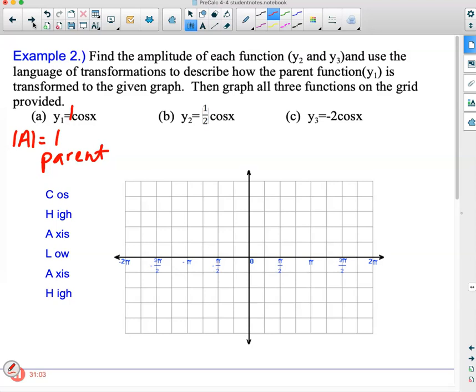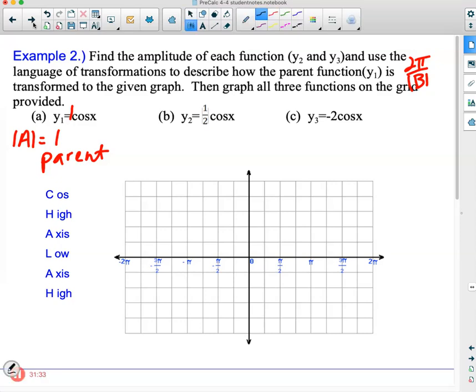Again, they already put those intervals on for us. If they didn't, we'd have to go through the 2 pi over b business and see that since b isn't there, it's a 1. And then we'd take our 2 pi and divide it by 4 and get increments of pi over 2. So I know this parent function, high is 1, low is -1, but I want to look at the other two to see what I should do to label my y's.